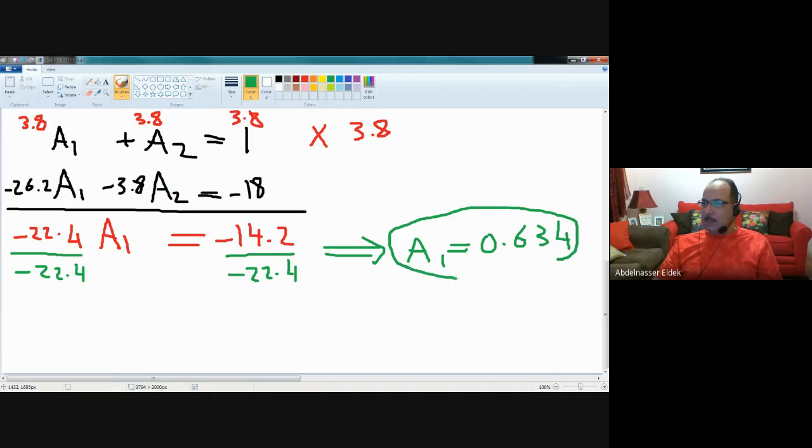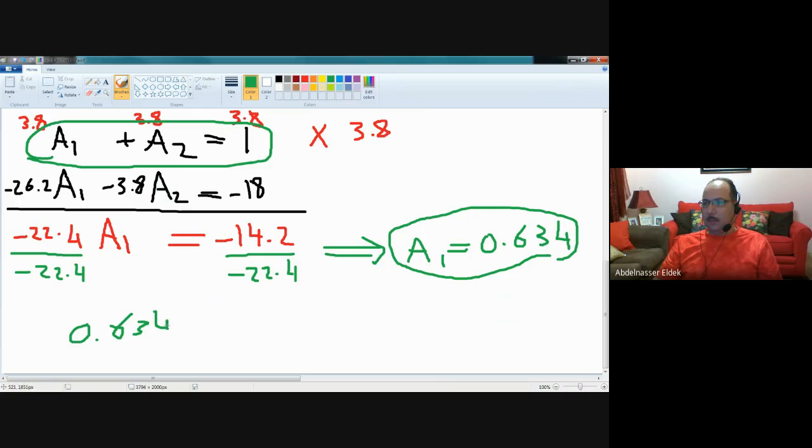You substitute A1 in the first equation: 0.634 plus A2 equals 1.